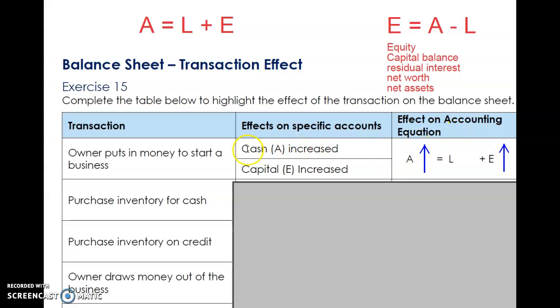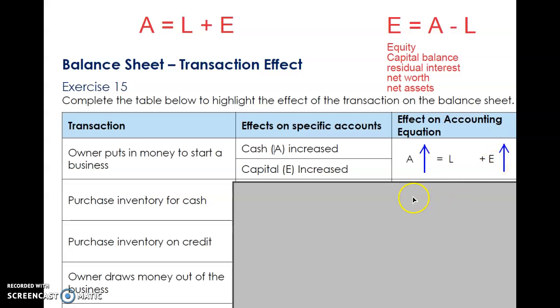And so we write down here cash, an asset, increases. And also capital, an equity account, also increases. And over here we display it with the accounting equation A equals L plus E, and we write an arrow up here next to the A and an arrow up here next to the E.